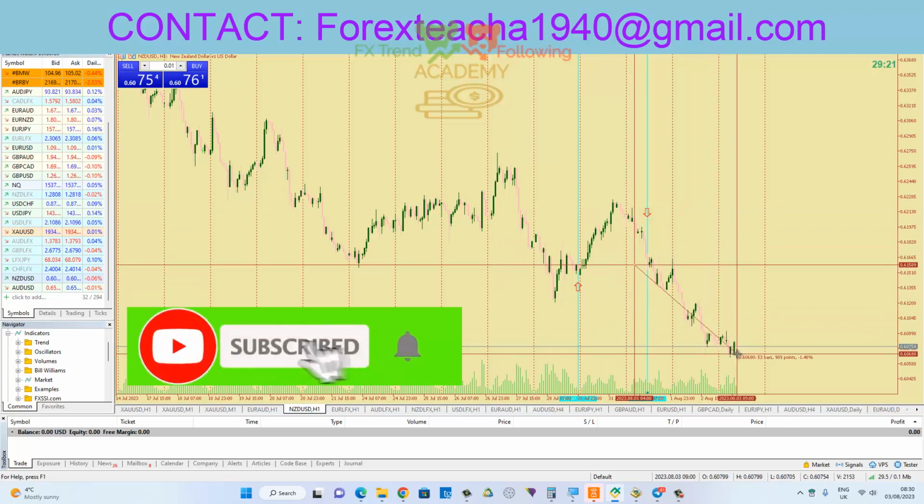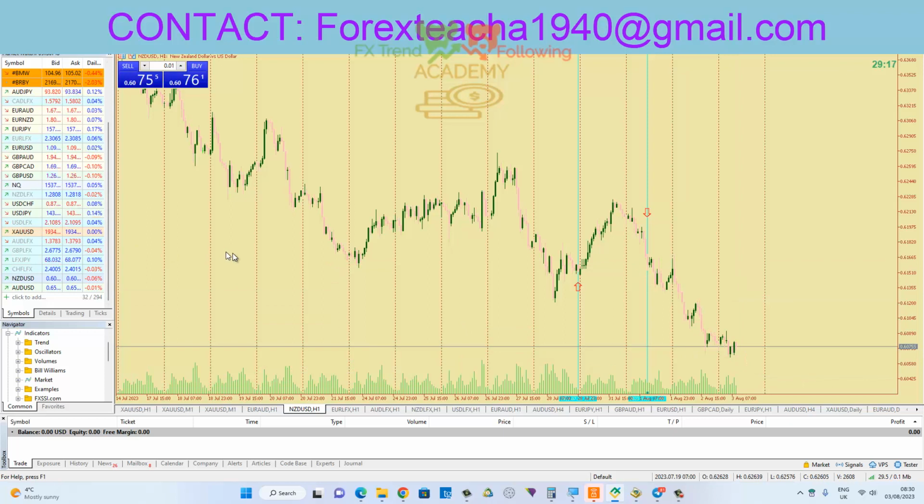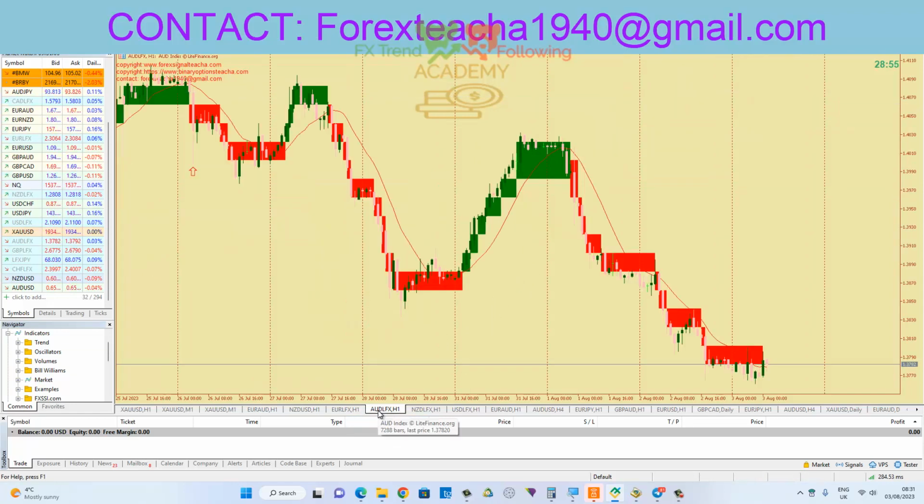The third strategy that I want to share with you guys is when you are using the indexes. I can actually load the trading system on the Euro index, and then compare it with the Australian dollar index if I want to trade a EURAUD.